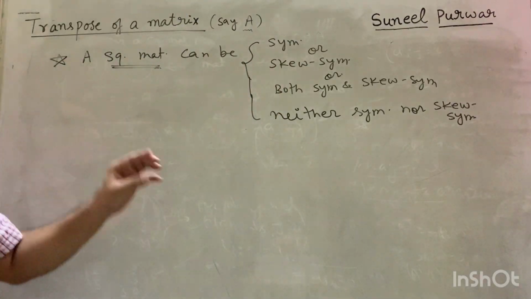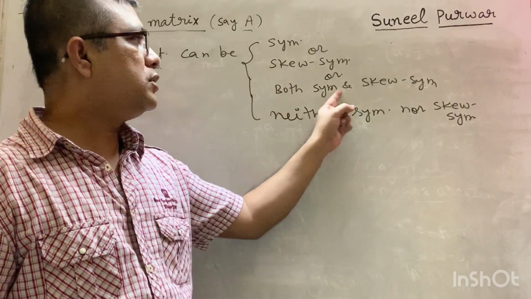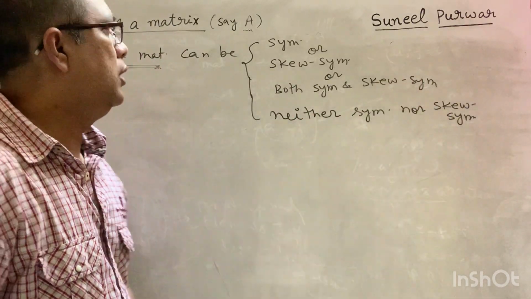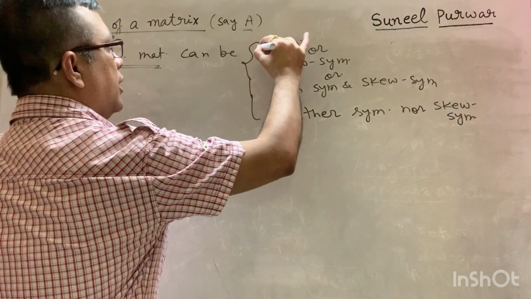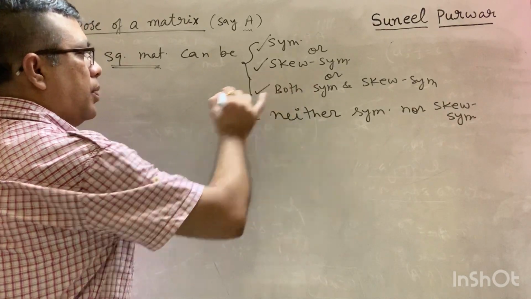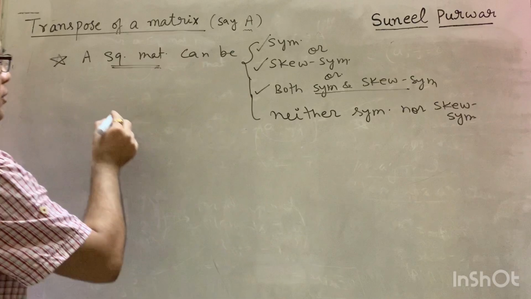So for a square matrix, there are four possibilities. It could be symmetric, skew symmetric, or both symmetric and skew symmetric, and it can be neither symmetric nor skew symmetric. These first two are already clarified. Now look at this third point. Our matrix is both symmetric and skew symmetric.